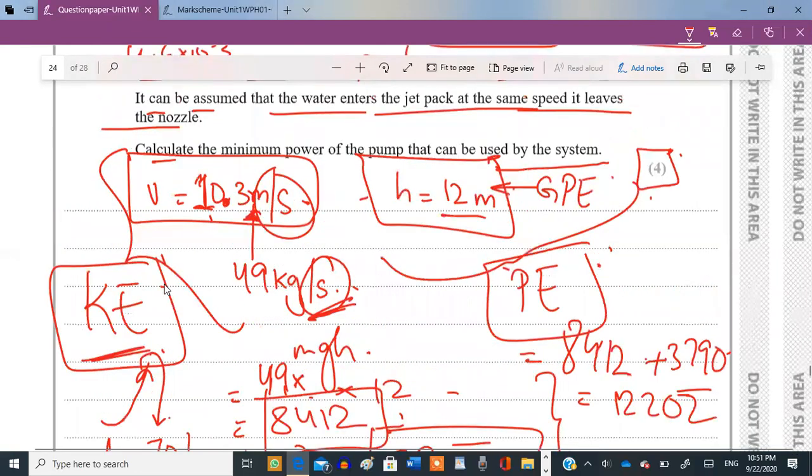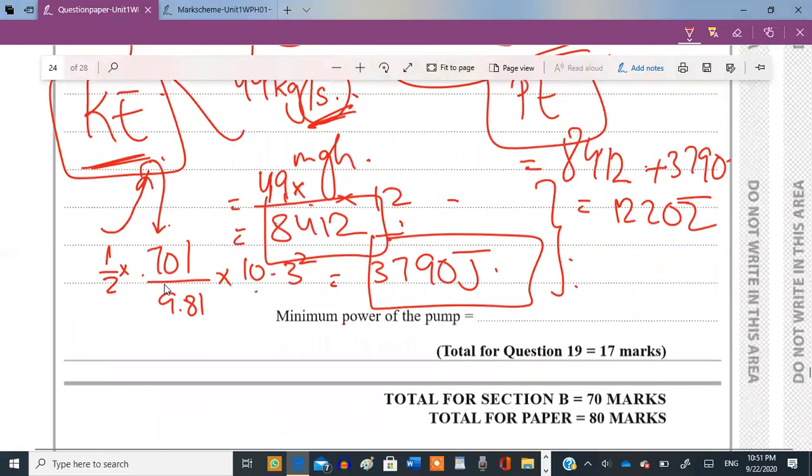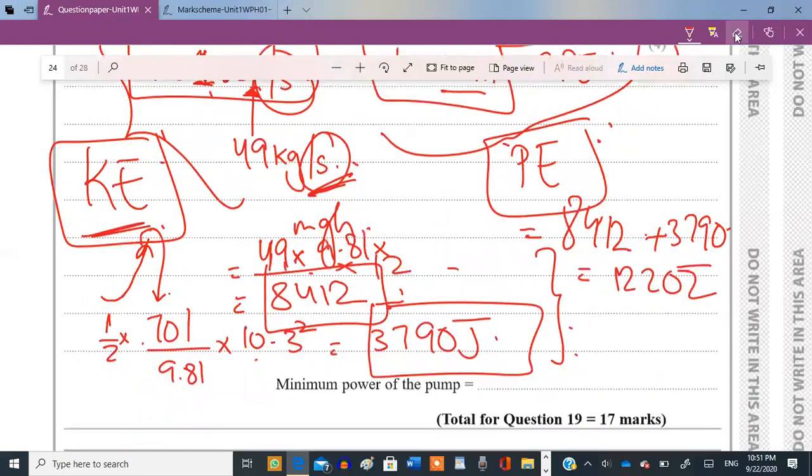So the pump is 49 times 9.81 times the height, which is 12. So this is not going to be 8412, but rather it's going to be 5768.28.